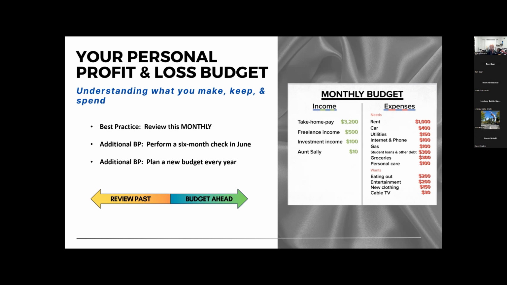Because once we put rubber to the road on the real estate side, yes, you have an opportunity to really amplify your income. Your balance sheet's going to change over time, but your ability to obtain more and more real estate assets over the years will largely depend on how disciplined you are with your P&L, your profit and loss budgeting.